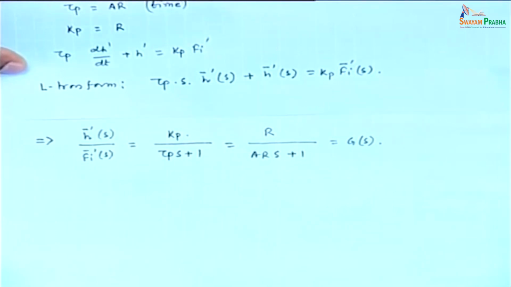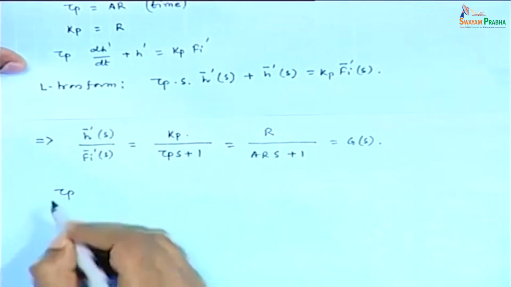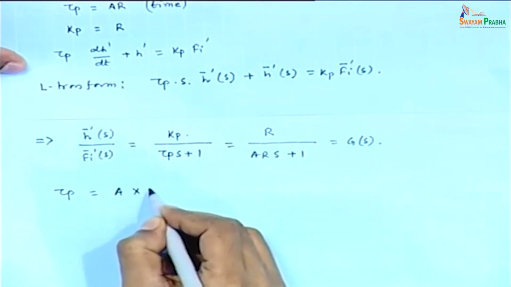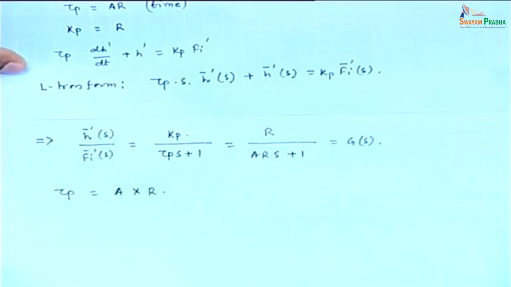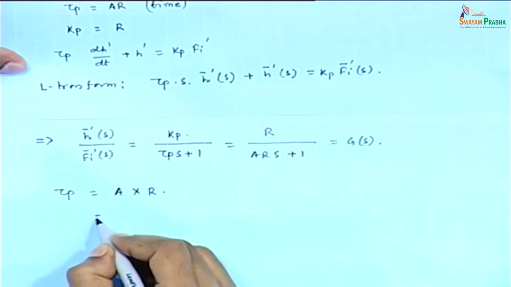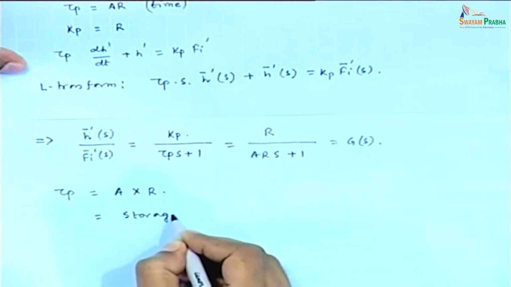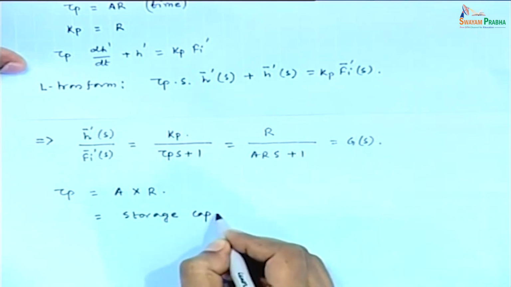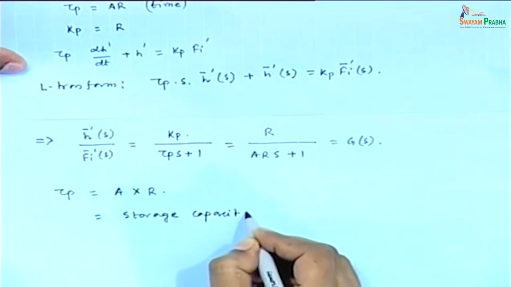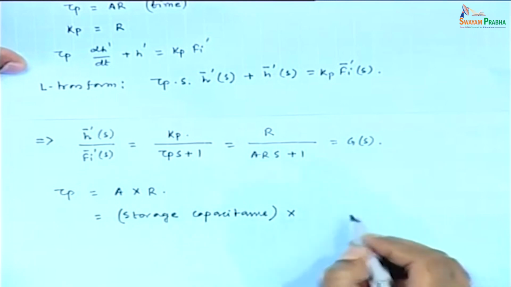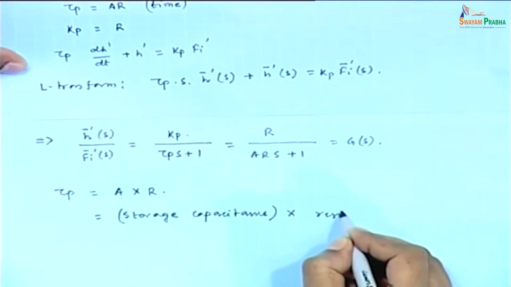Now, here you see one thing, tau p we have considered, that is time constant equal to A multiplied by R. Now, we can write this as storage capacitance multiplied by resistance to flow.